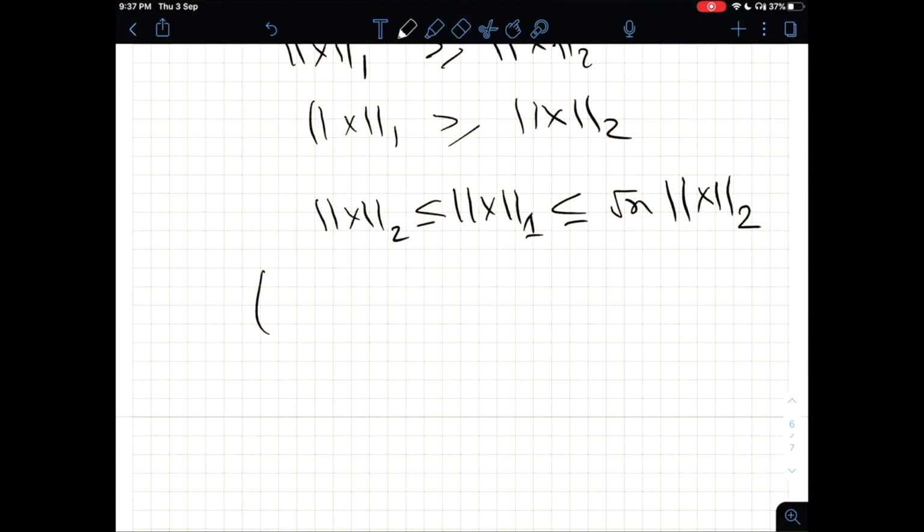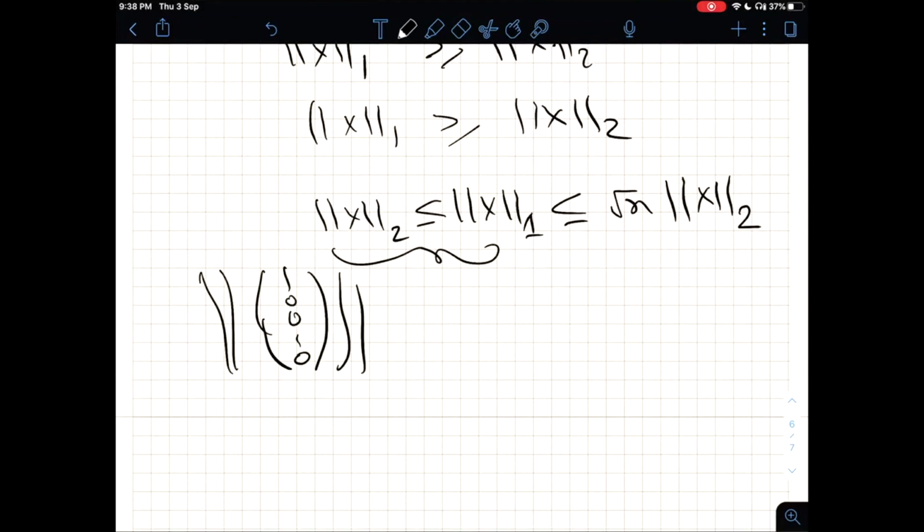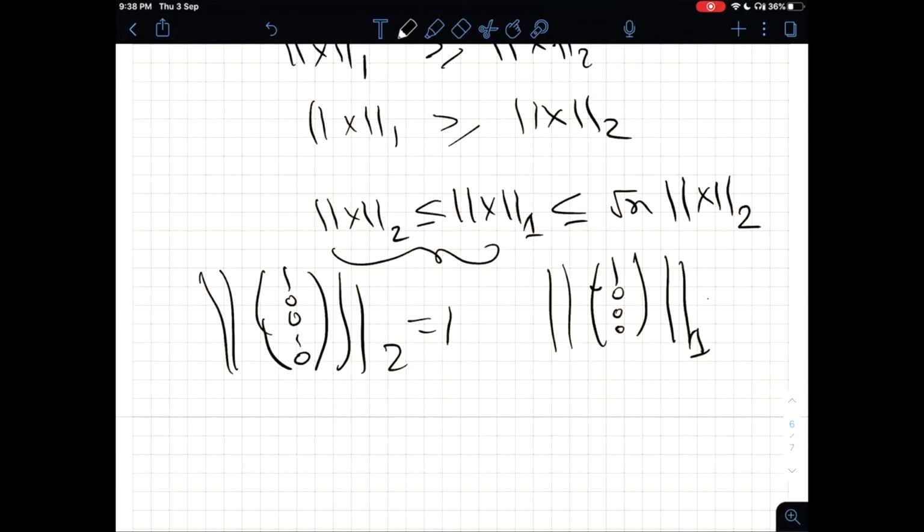Now, just for example, the lower bound is trivial to show for one such vector. For example, you just look at 1 0 0 0 0 and look at its second norm. What is it? It is 1. You look at this 1 0 0 0 0 and look at its first norm. What is it? It is 1. So it is identical, is it not?